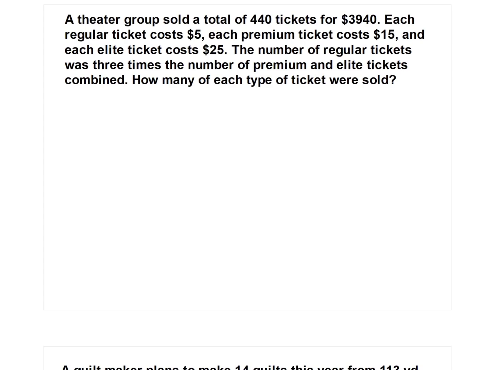How many of each type of ticket were sold? So again, identify your variables. I'm going to say X is the number of regular tickets, Y the number of premium tickets, Z is the number of elite tickets.